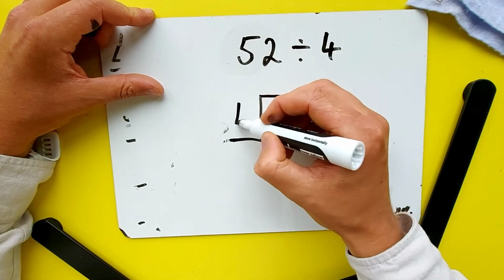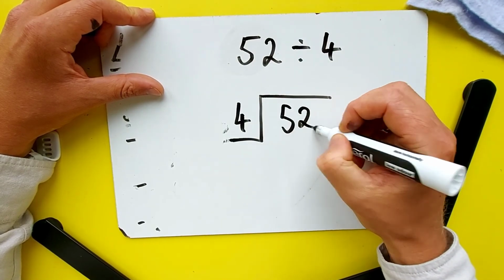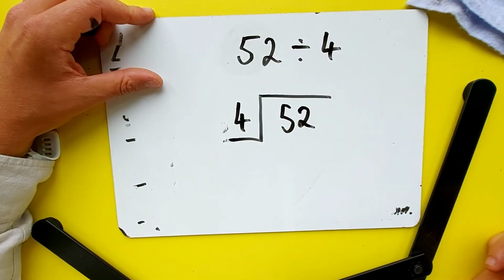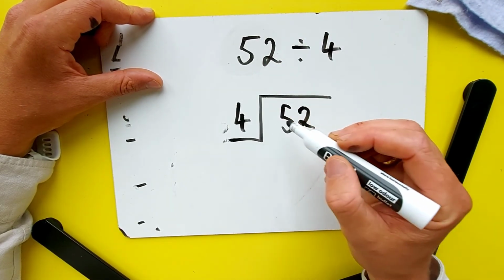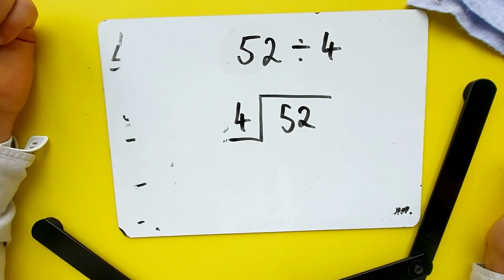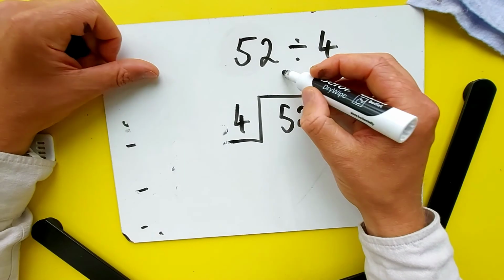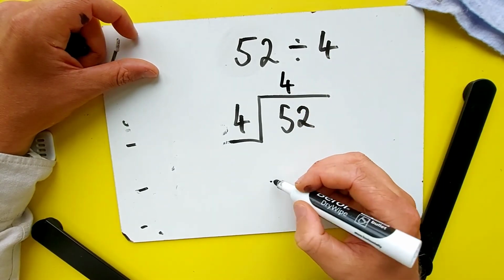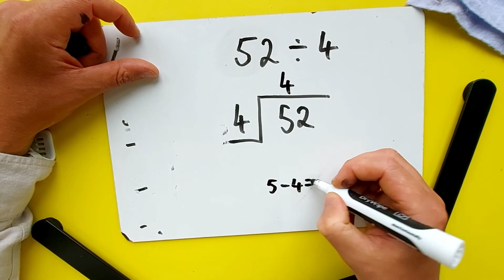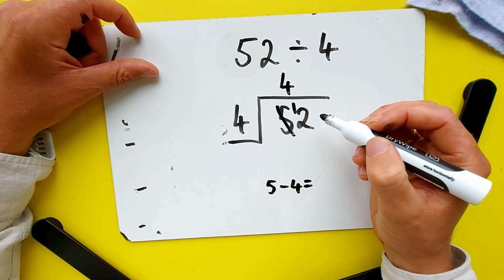I put my divisor in. So this is what I'm going to be sharing out. This is how many people I'm going to be sharing out by. So again, I go, how many 4s go into 5? Well, it goes in once, because 4 times 1 is 4. But then how many do I have left over from that 4? So I can do 5 take away 4 in my head, or write it down. So I'd have one remainder to carry over.